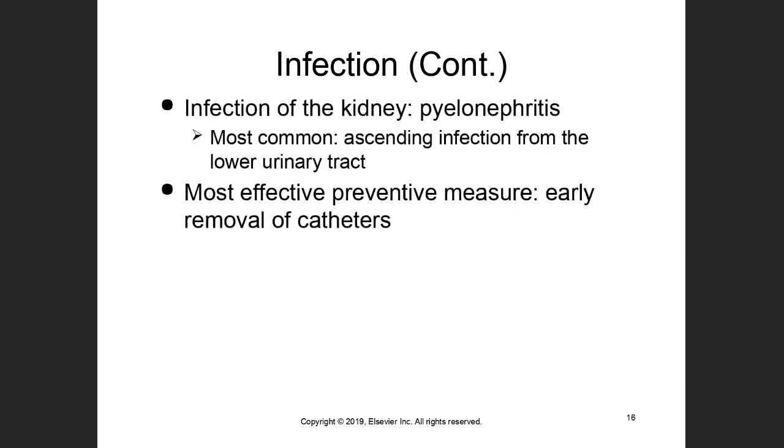The most effective preventive measure is early removal of the catheter. A catheter is basically plastic. If you put a plastic catheter in a patient, remove it as soon as possible to avoid infection, because plastic produces infection, and more important, complicated UTIs always.